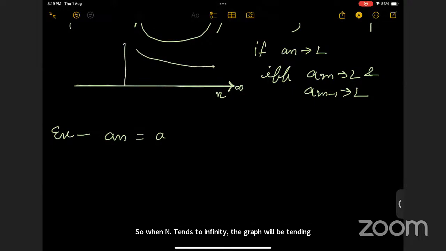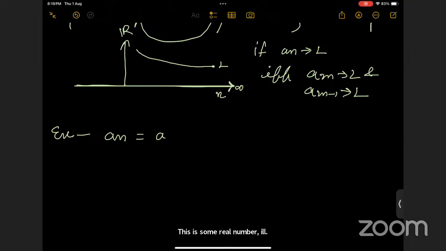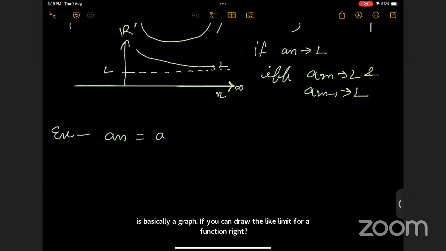This is the real number system. This is some real number L. This is basically a graph, like if you draw the limit for a function, right? Yes, ma'am. We find the limit, but I don't know about the convergence and divergence.